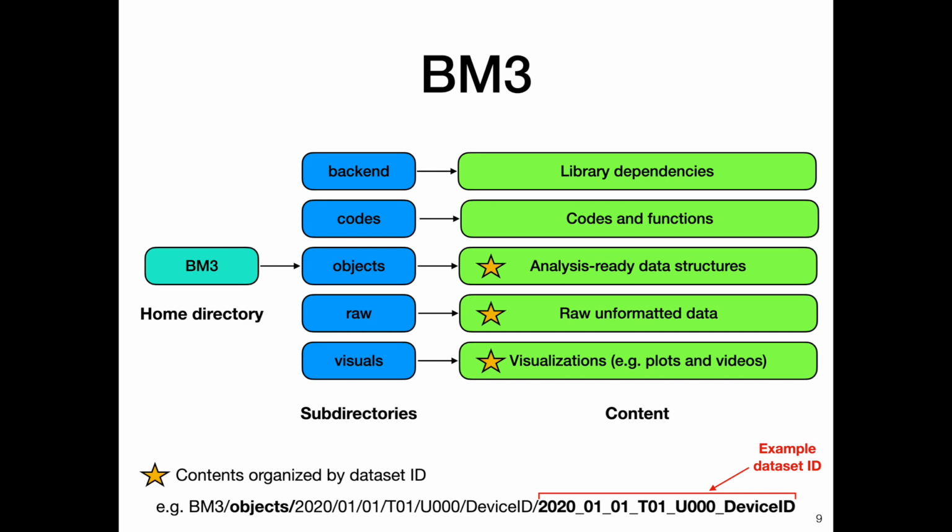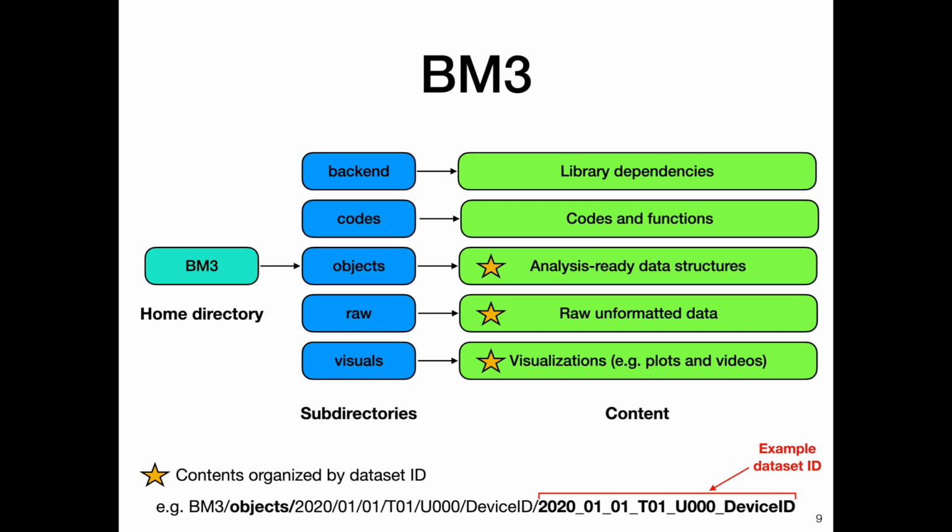The objects subdirectory organizes the analysis-ready data structures. The raw subdirectory houses all the unformatted data straight from a biometric sensing system. Visuals saves trial-specific visualizations such as plots and videos.